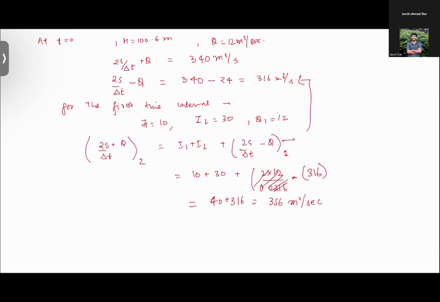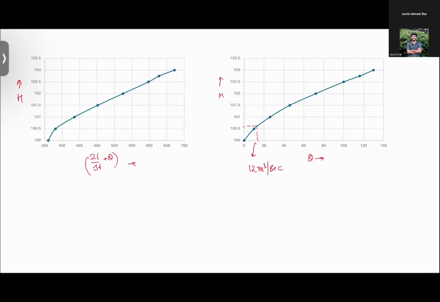So now you know the value of 2S upon delta T plus Q is 356 for this time step. You go here and take 356, which will be roughly here. From the plot, you can compute the value of H, and this H comes to be 100.74 meter.